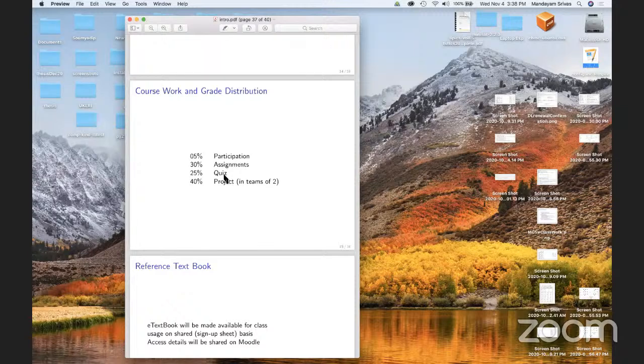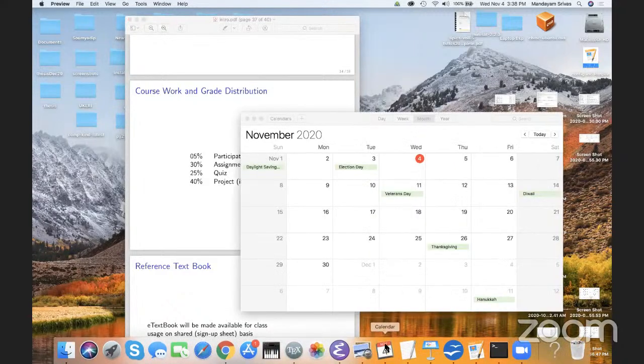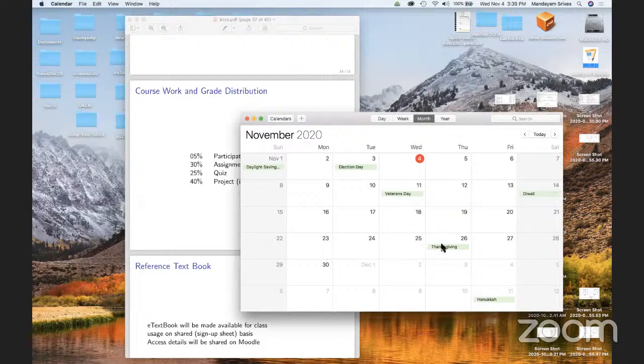I want to schedule that during the last week of November, that is 23rd through 30th, maybe towards the end of it, maybe 27th of November.